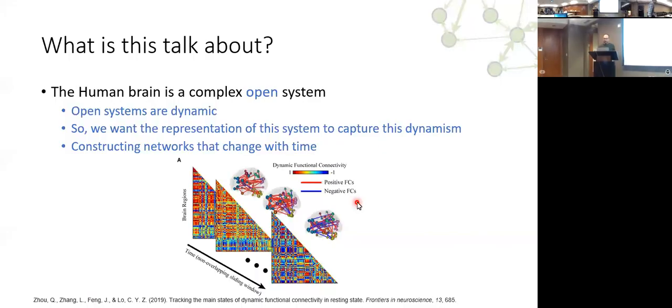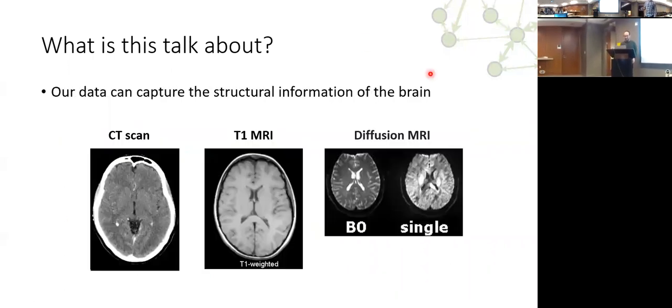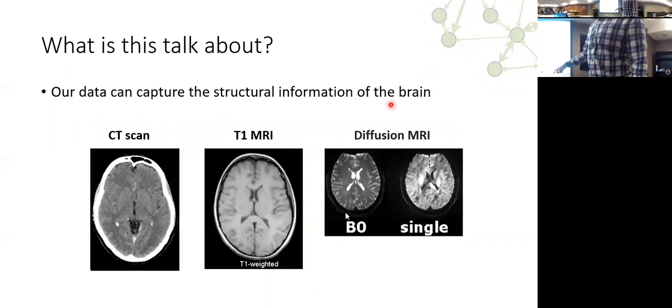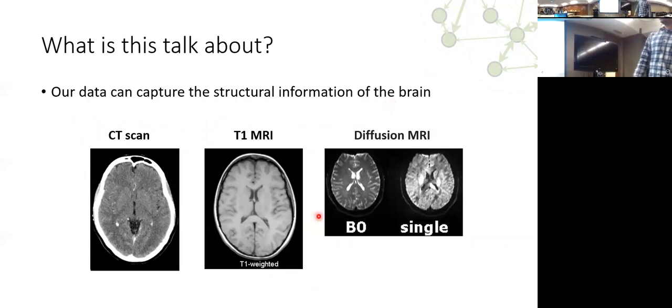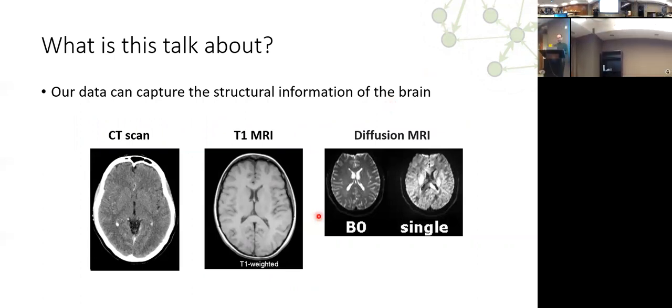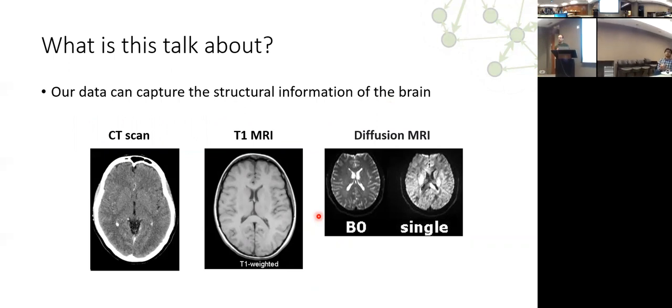Some methods of how we can do this. So to talk briefly about the data, we can technically categorize our data, the measurements of the brain, into two main categories.